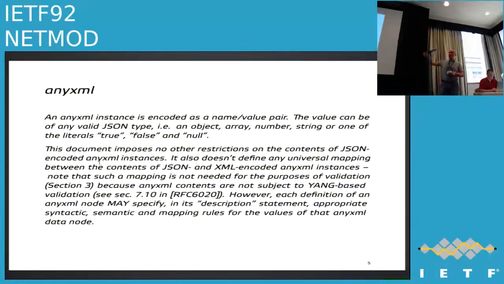It means that the value of an NXML node in JSON can be any JSON value provided it's properly encoded following the rules of JSON. But the second paragraph says that for a particular instance of an NXML node, of course, because the data that are being sent are supposed to be in some particular format, because that's what the server expects, then of course the server can reject data that do not conform to that, be it in XML or in JSON.